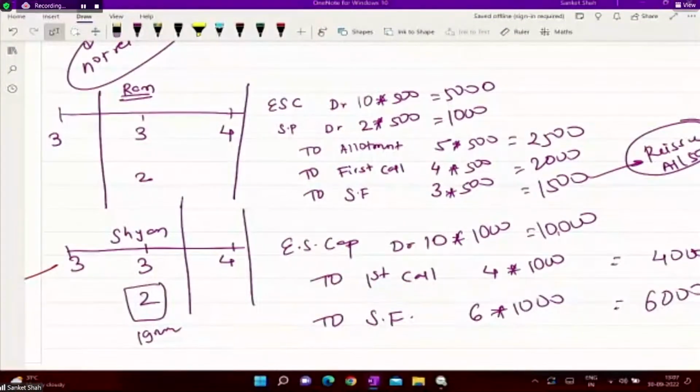See, Ram's treatment is different. Securities premium not received, so cancel it in forfeiture.